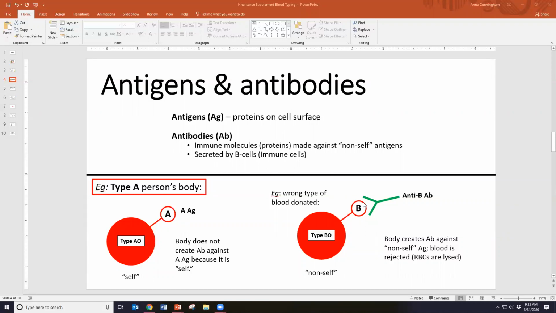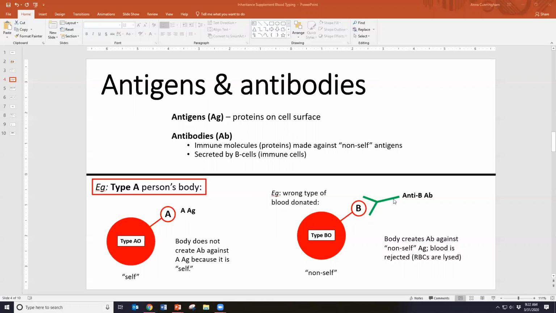It doesn't belong. And so when the immune system recognizes something, it creates immune molecules, proteins, and these are called antibodies. You can see in this picture, I have it in green. What happens is your body starts to produce antibodies to the blood type that doesn't belong. Antibodies recognize antigens.